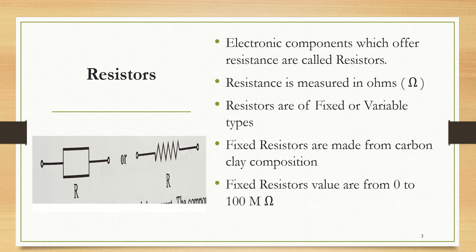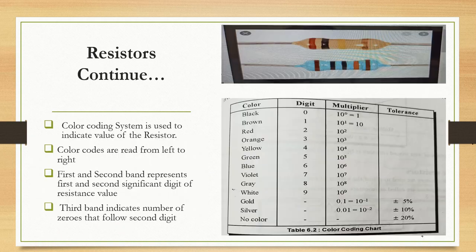Let's see the next. Resistors. You see, a resistor looks like this. It's color coded. Color coding tells about the characteristics of your resistors. Color coding system is used to indicate the value of the resistor. How many ohms the resistor is, that is known from the colors.